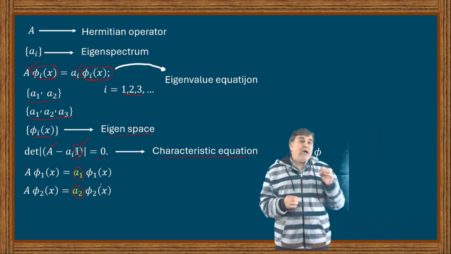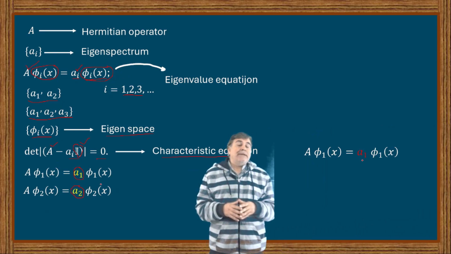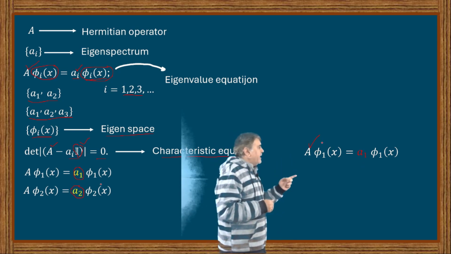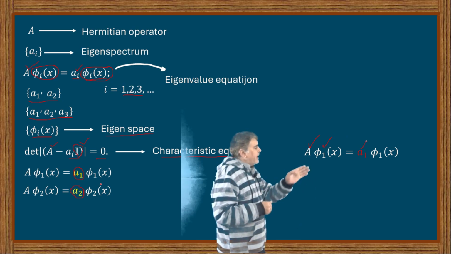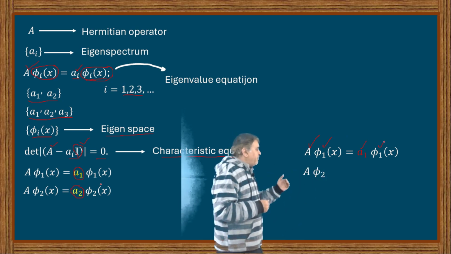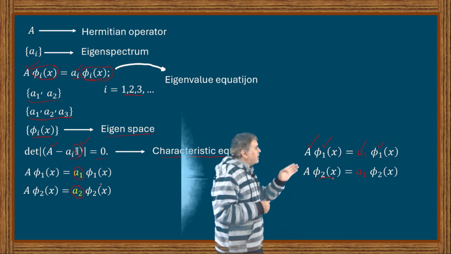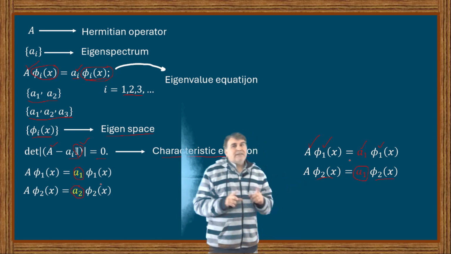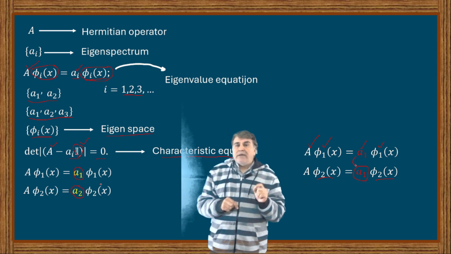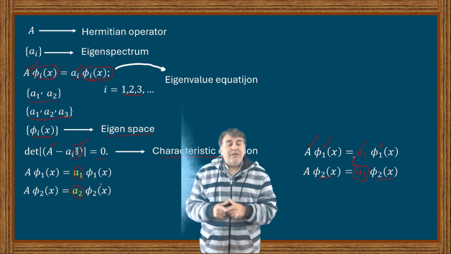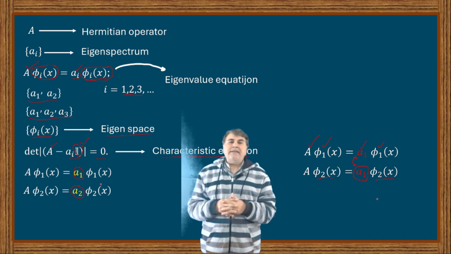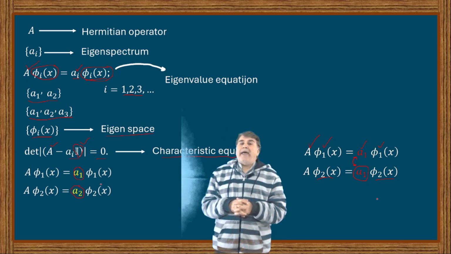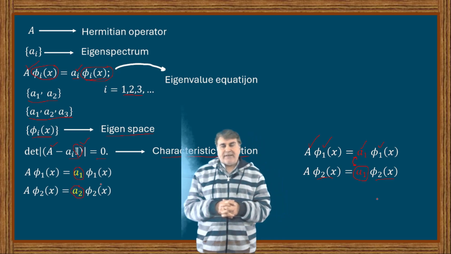For example, if a1 corresponds to two different eigenfunctions, which means if the operator A applies to phi 1 of x and it produces a1 times phi 1 of x, and then operator A applies to phi 2 of x and that also produces the same eigenvalue a1 times phi 2 of x, that is, the single eigenvalue a1 corresponds to two different eigenfunctions, then a sub 1 is called a degenerate eigenvalue, or in other words, we say that the eigenvalue a1 is twofold degenerate.